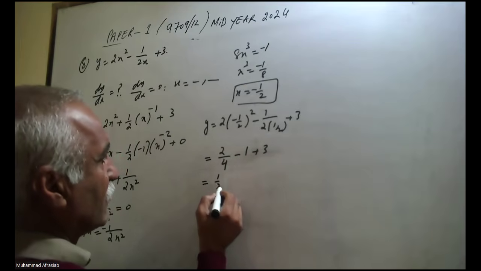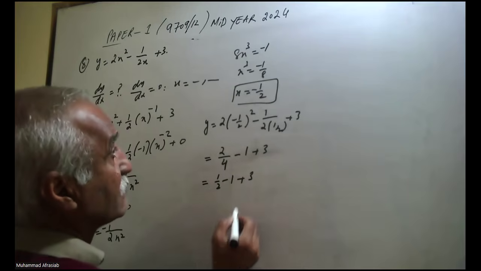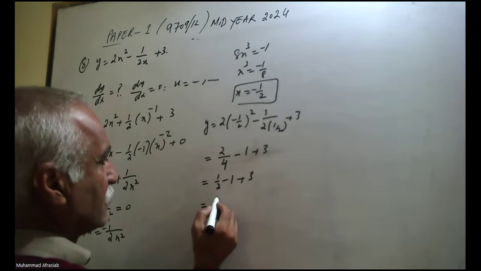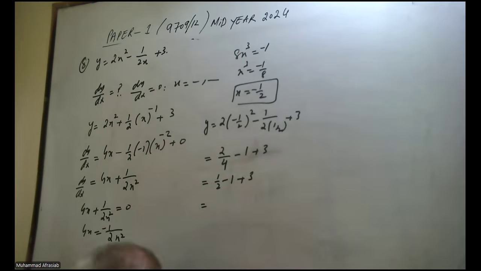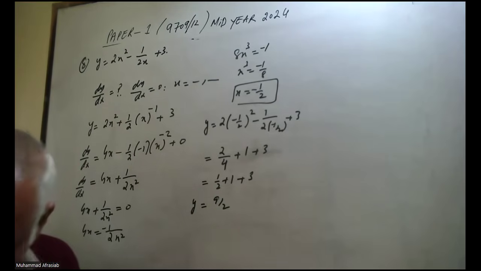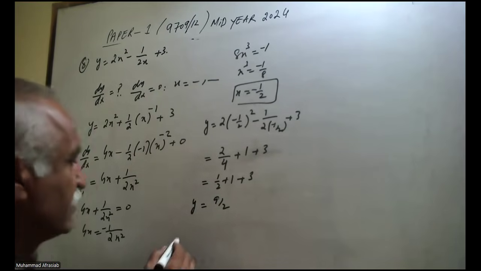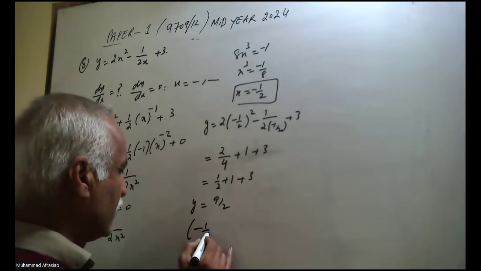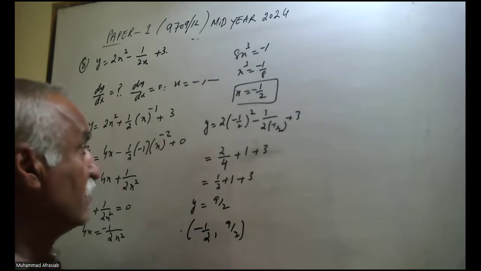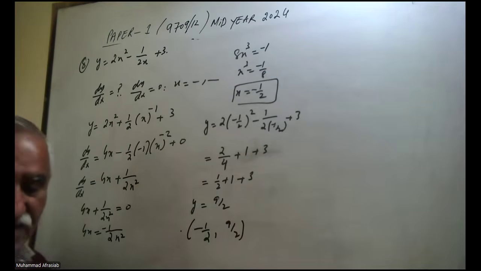So that is 1 over 2 minus 1 plus 3. So y value is equal to 9 by 2 there. So the stationary point there is minus 1 over 2 and 9 over 2, which is the answer for the stationary point of this curve.